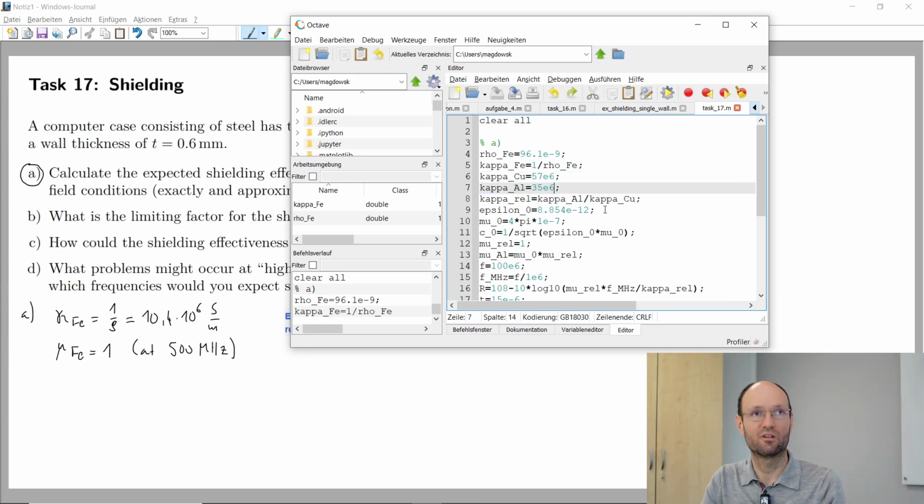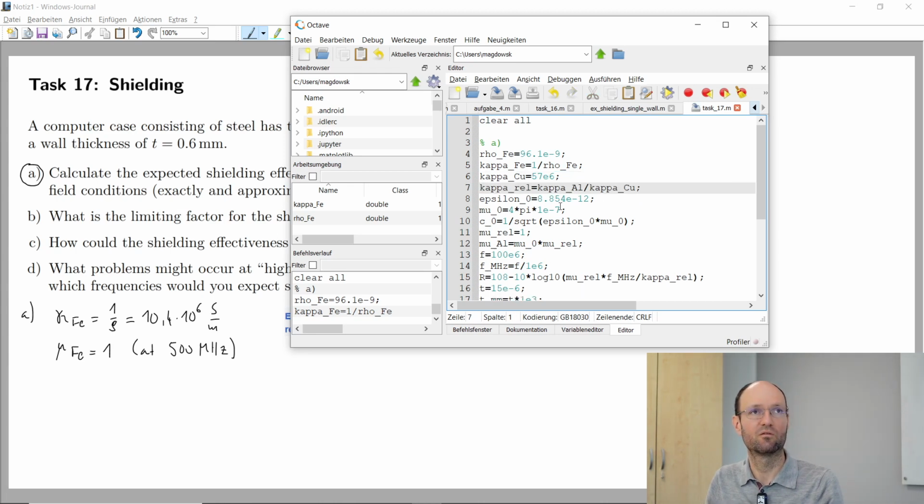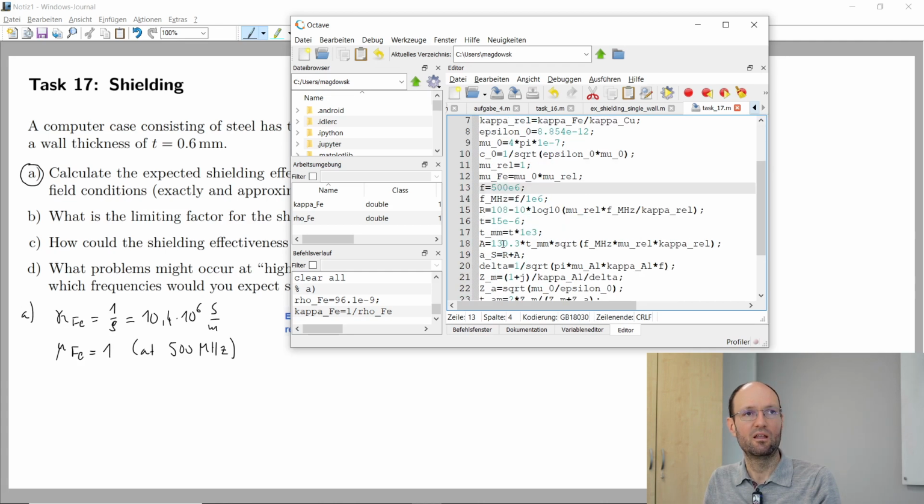But for this, of course, I need to have the value of copper at first. This is epsilon, this is mu, velocity of light. Our relative permeability that we just discussed will be 1. Then the permeability of iron will be just vacuum permeability. Frequency is 500 megahertz.